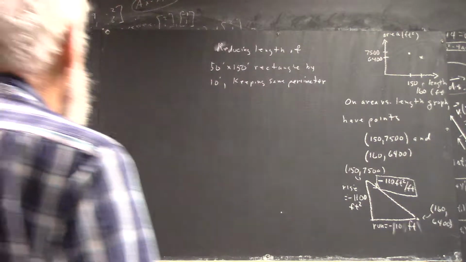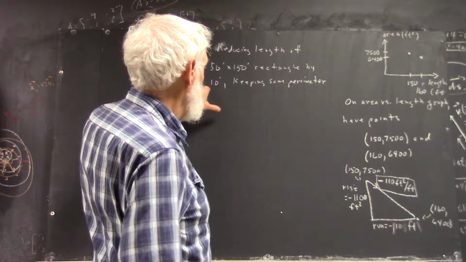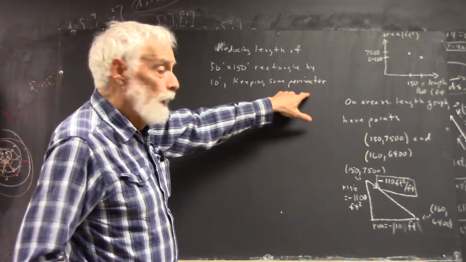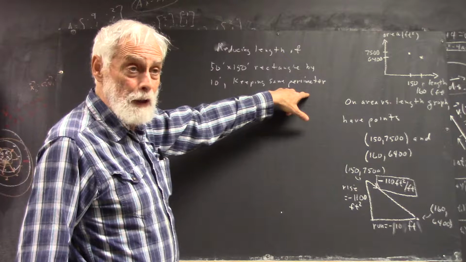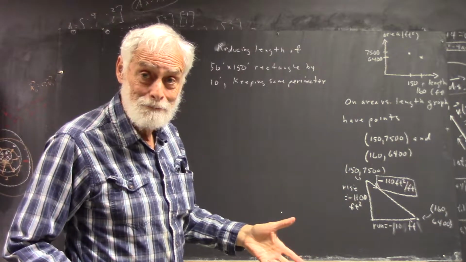Okay, so reducing the length of the 50 by 150 foot rectangle by 10 feet, keeping the same perimeter, which again means you need the same amount of fence, right?